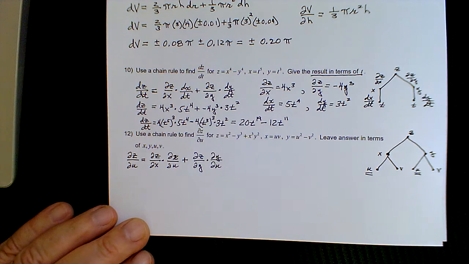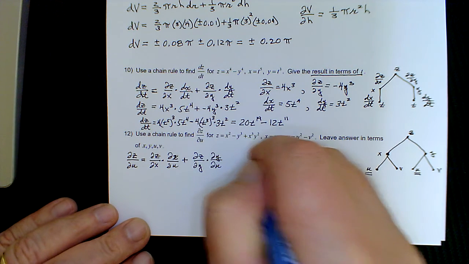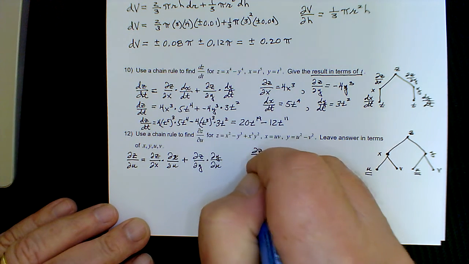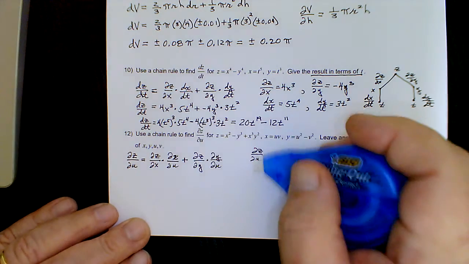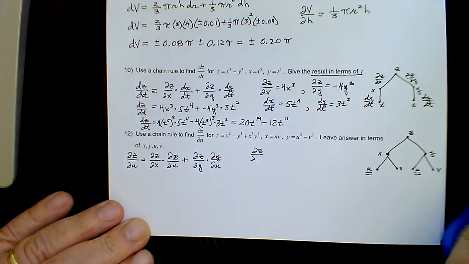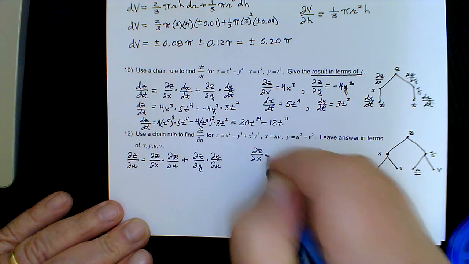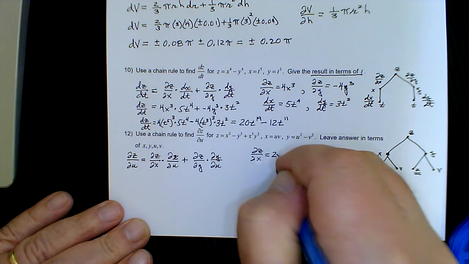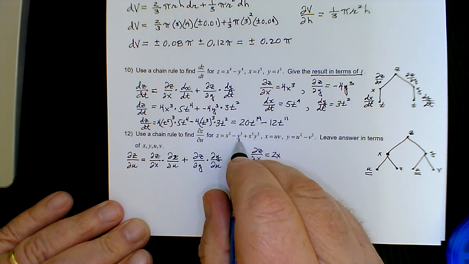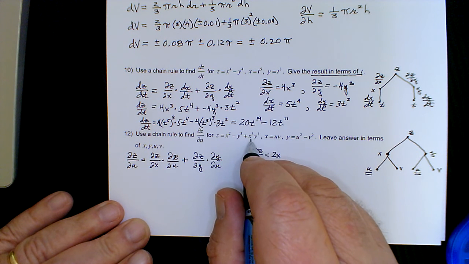Okay, so now we just need to find those partials. So, partial of z with respect to x is going to be, okay, here we get 2x, derivative of this y term is 0, because y is a constant.